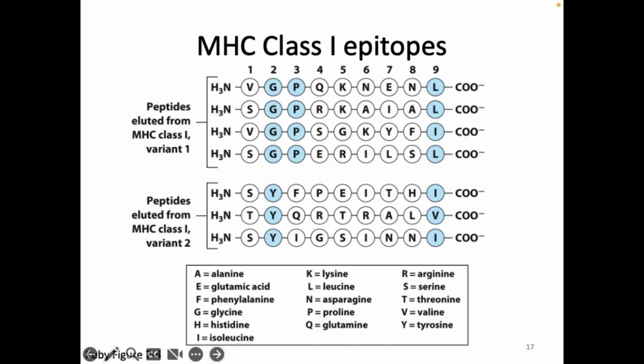And it can only fit peptides that have a G at position 2 and a P at position 3, and either an I or L at position 9, based on the shape of its pocket. While a different kind of MHC class 1 might have a pocket that fits tyrosine at position 2, so a large, bulky position 2, and valine or isoleucine at position 9.